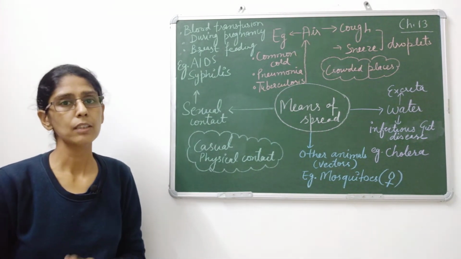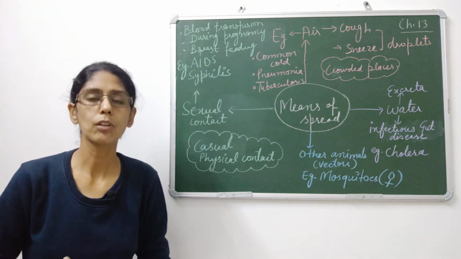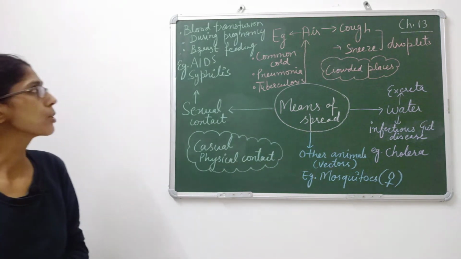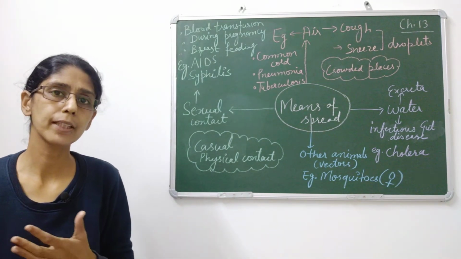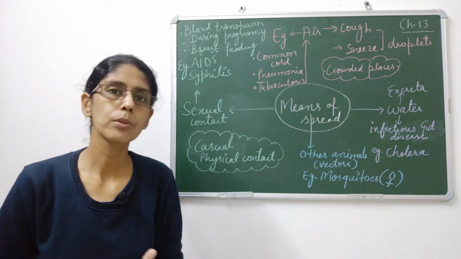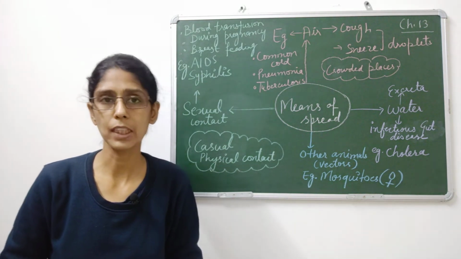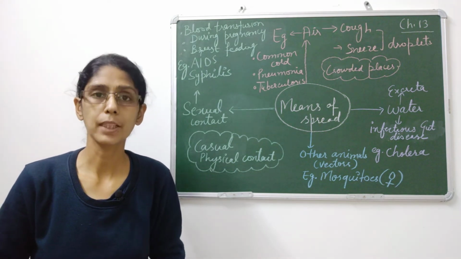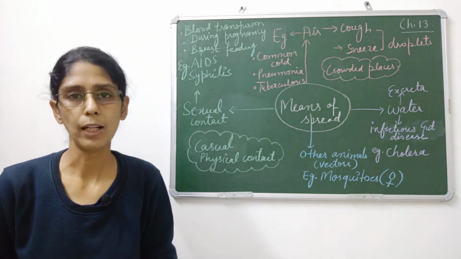AIDS spreads through sexual contact, yes, but there are other means of spread of AIDS also apart from sexual contact. First one is blood transfusion. That means if an AIDS patient or HIV positive person gives their blood to somebody else by mistake, in case they do not know that they have AIDS or are HIV positive, then that person can also get AIDS.